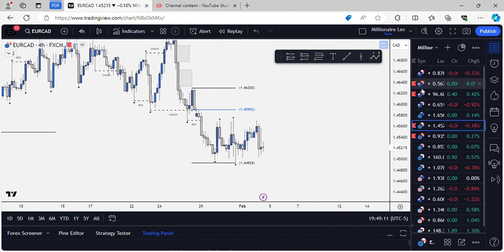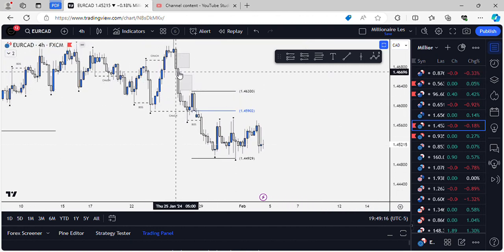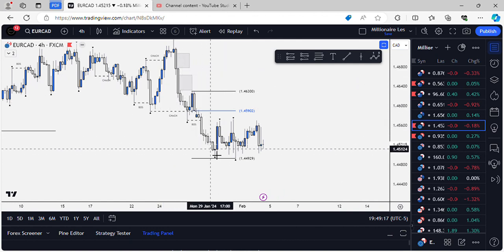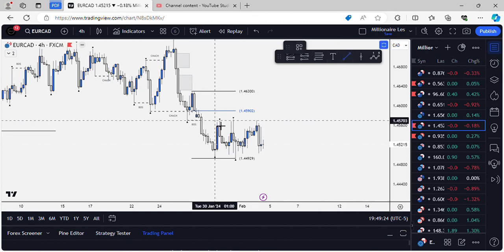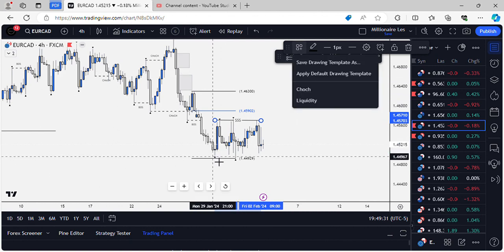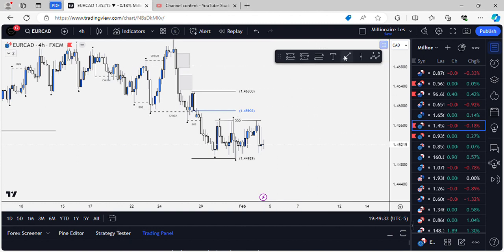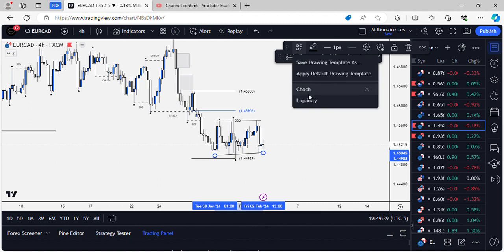EUR-CAD, I have my break of structure. Price pretty much tapped into this fair value gap, so all I'm doing is waiting for a pullback. Why I like trades like these is because literally above it is liquidity, and below it is more liquidity. So this is a buildup of buy side and sell side liquidity.